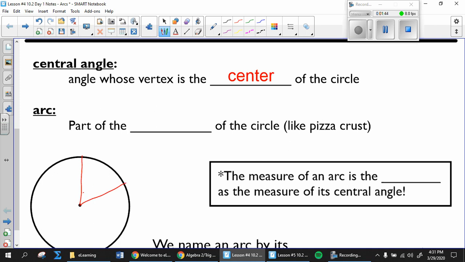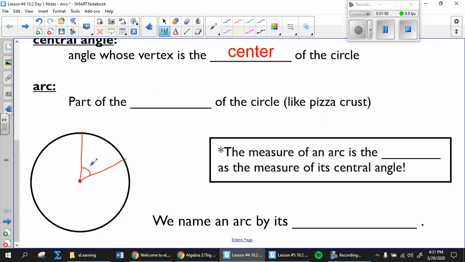This is an angle where the vertex is right here at the center. Let's say this angle is 40 degrees. That 40-degree angle would be called a central angle because the vertex is at the center. So we can have central angles all around the circle.